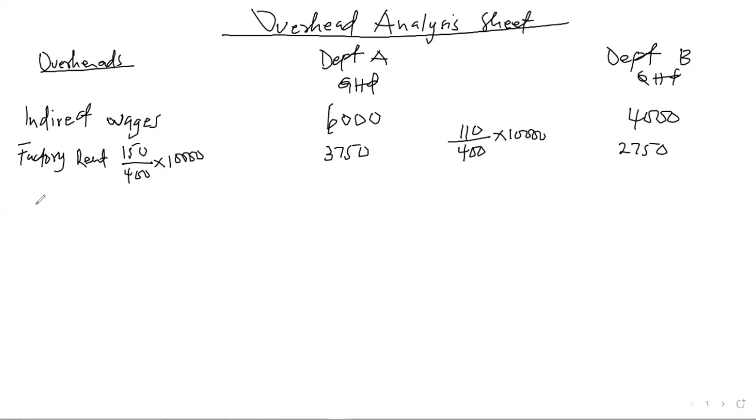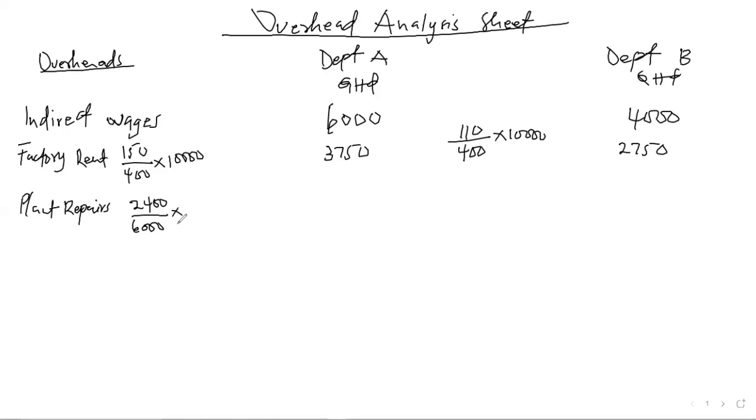The next overhead is plant repairs. With the plant repairs, we will use the value of plant as the basis for apportioning the plant repairs. So we pick the value of plant of department A, which is 2,400. So 2,400 divided by the total value of plant, which is 6,000, times the total cost of the plant repairs.